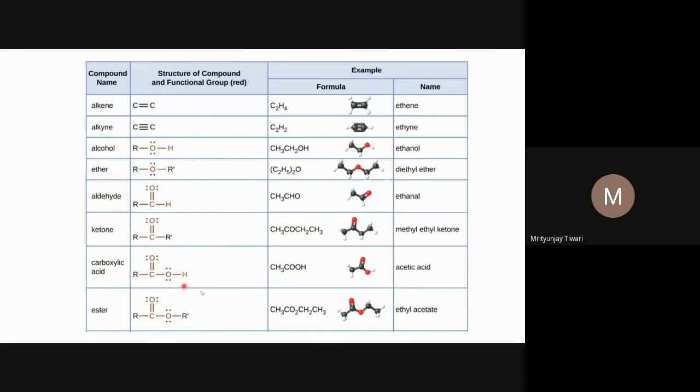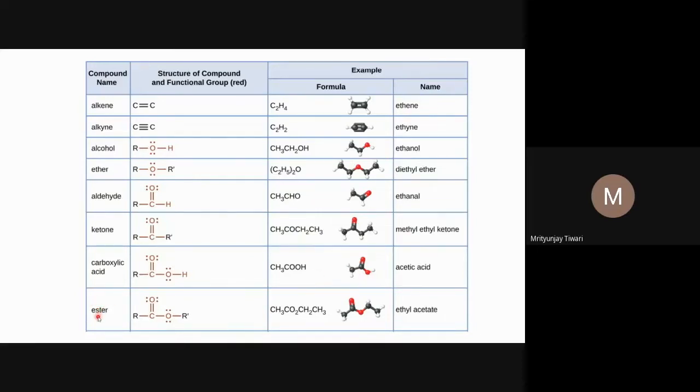If R is CH3, then CH3COOH, and the structure you see here is CH3, C double bond O, and O H. This we call an acid, and the name depends on the number of carbon atoms. The common name of this compound is acetic acid.